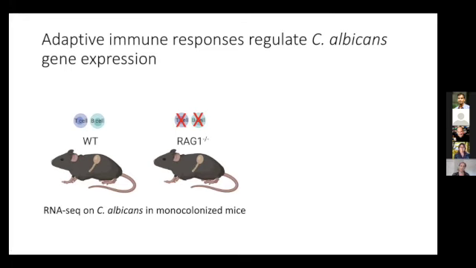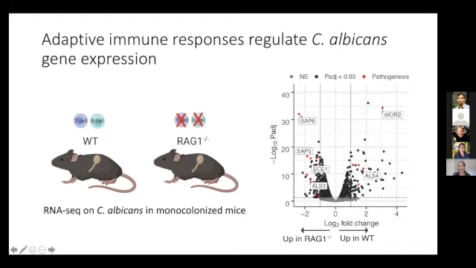What we observed was a striking effect of adaptive immunity on the Candida transcriptional profile. We found that up to 25% of all of the Candida genes were significantly differentially regulated between these mice.